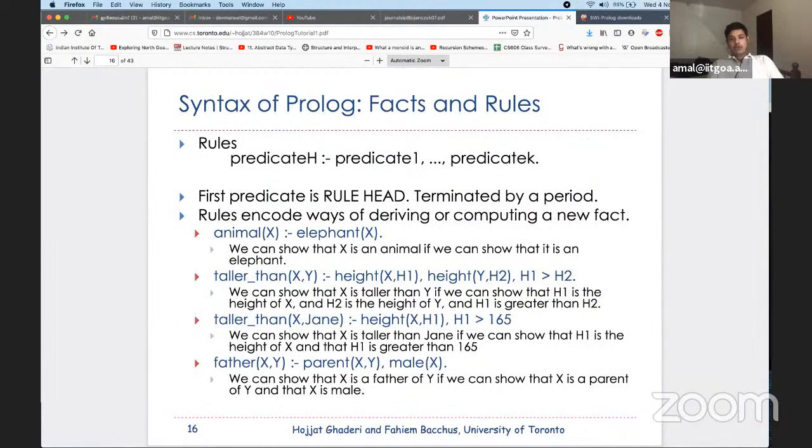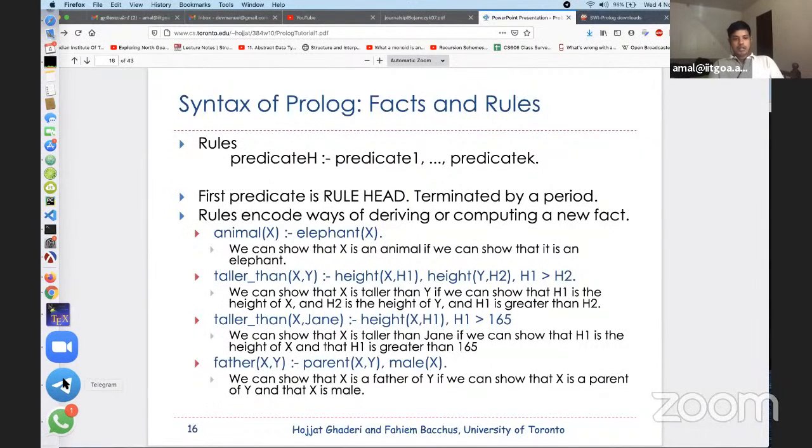And what are rules like? Rules are just a relation followed by if and some other relations, separated by commas. This has a particular form. What is this particular form?